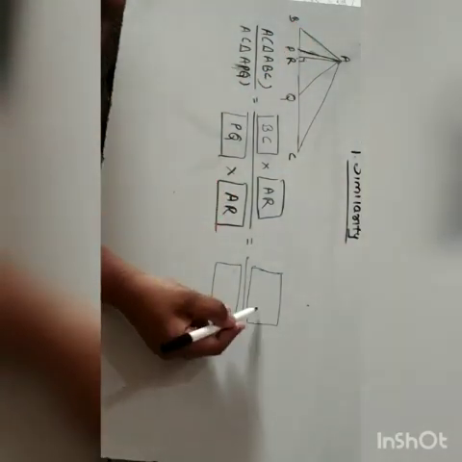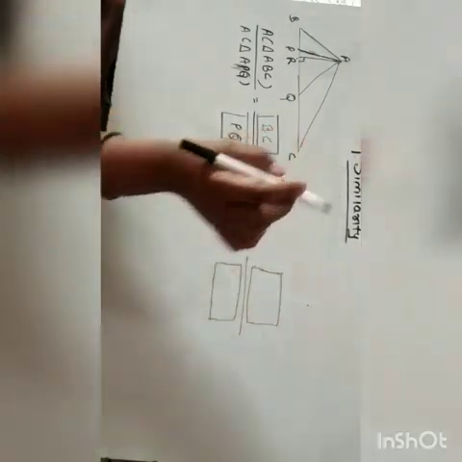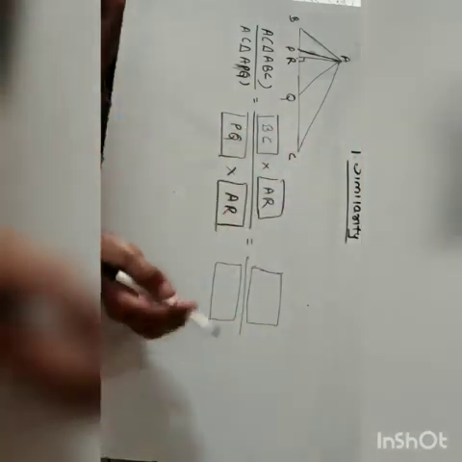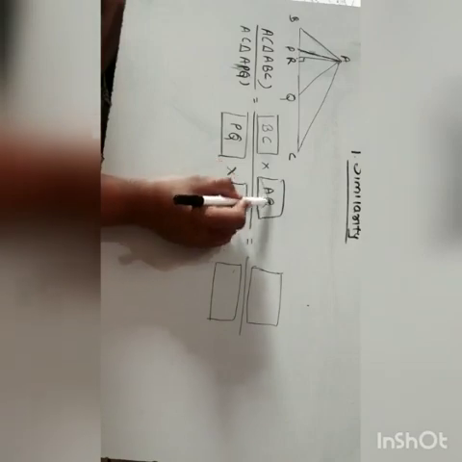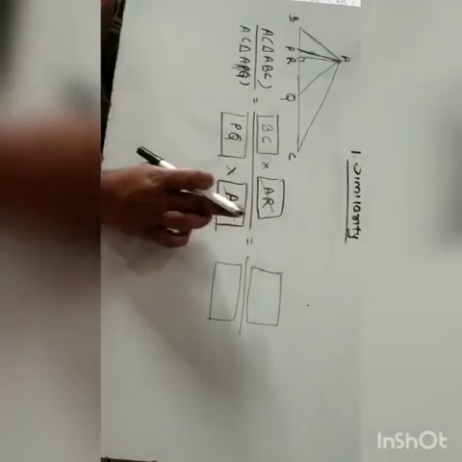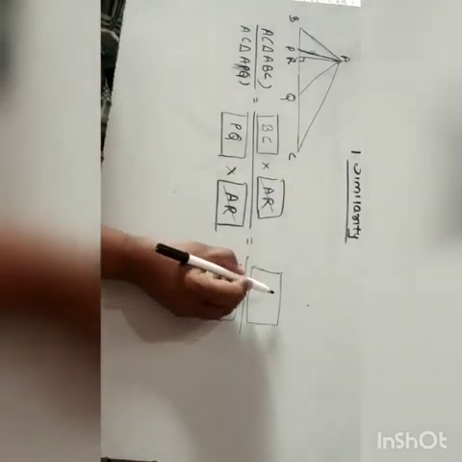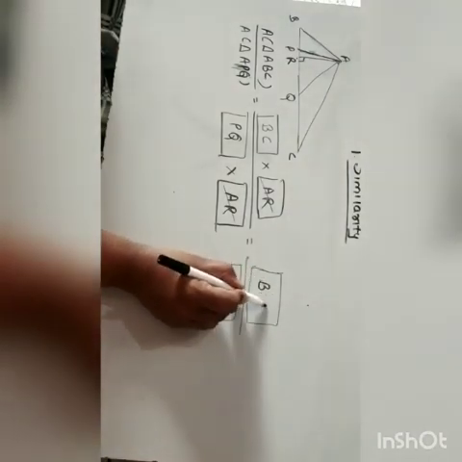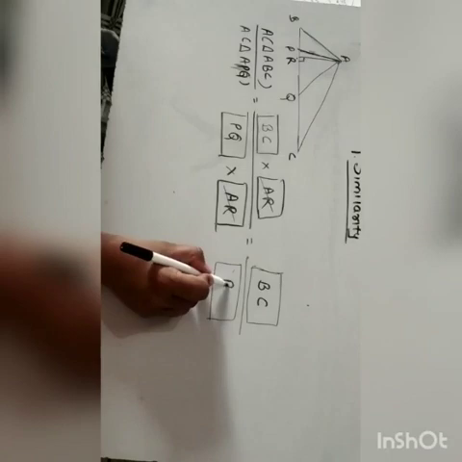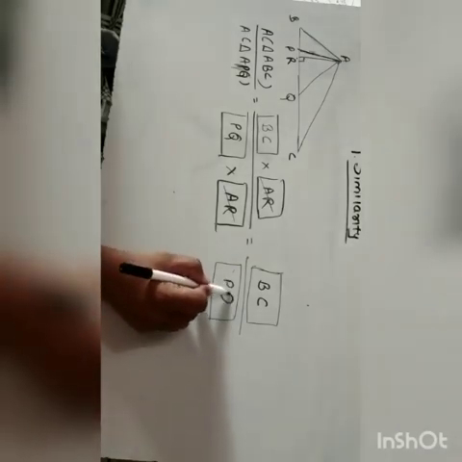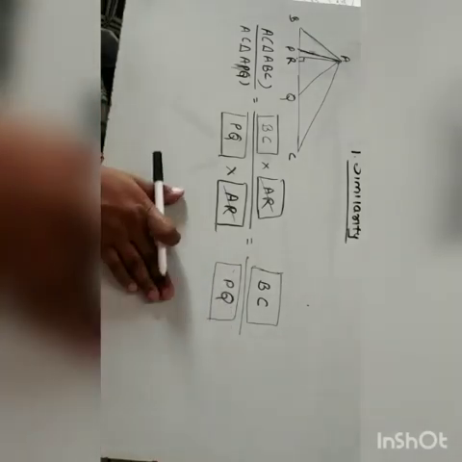Here they gave two more boxes. So AR cancels with AR, because it is the height of both the triangles and it is equal for both of them. So here we get BC upon PQ. This is the activity given.